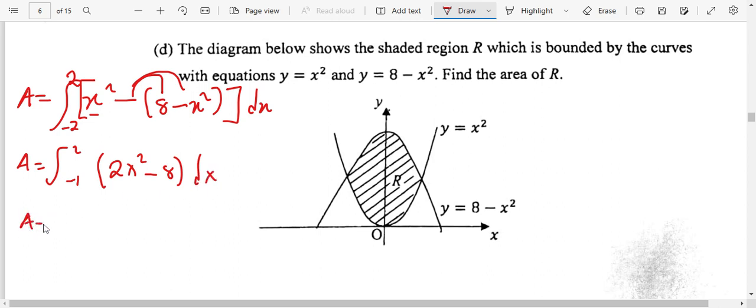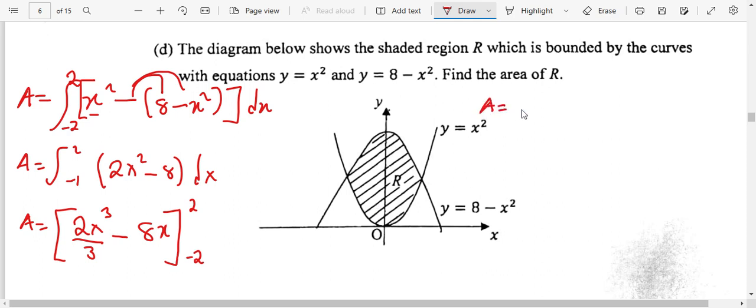Now we can integrate. So the area is going to be, what's the integral of 2x squared? That will be 2x, add 1 to the power, becomes 3, divide by the same, minus, if you integrate 8 with respect to x, just add an x. Okay, now the limits are going to change. The upper limit will be here, the lower limit is going to be here. So to find the area, I'm going to substitute the upper limit, which is 2, that will be 2, open brackets, 2 to the power 3 divided by 3 minus 8, 2.